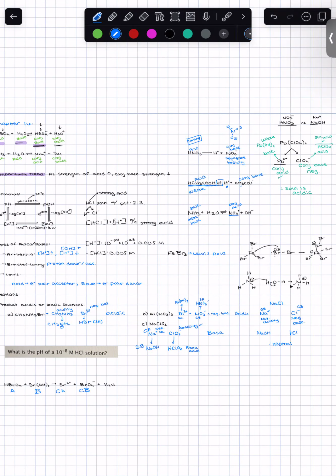Okay, and then one other thing. I don't know if you're allowed to answer this, but through the grapevine, I've heard they ask us about colors. They'll give you a color of an indicator and ask whether it's acidic or basic. What do you recommend on that? I will speak from my experience from my exam when I took Chem 1220 two years ago. They did ask a question about indicators.